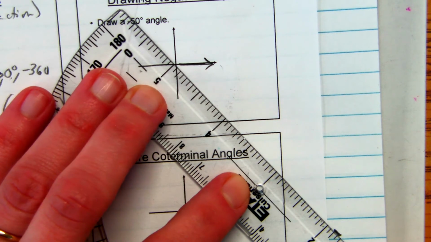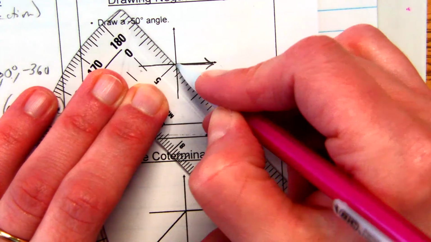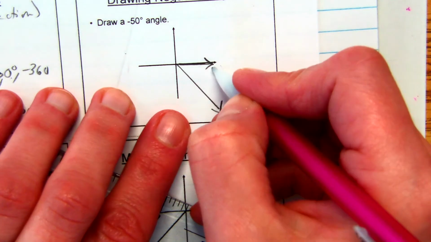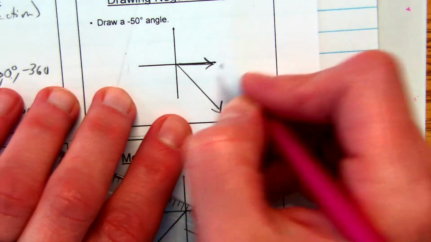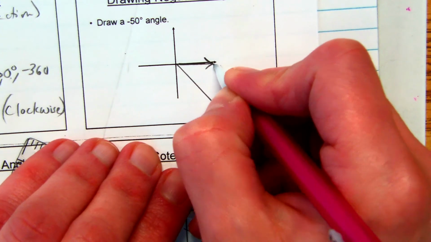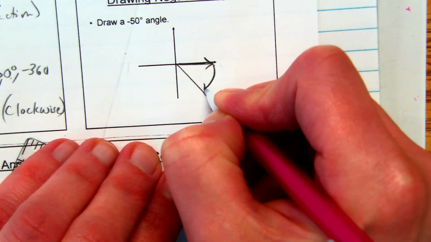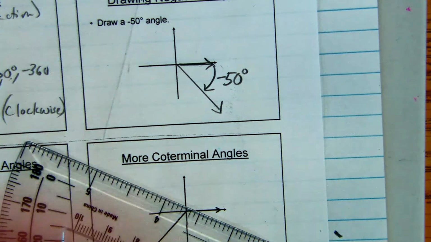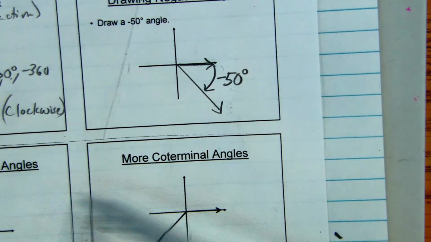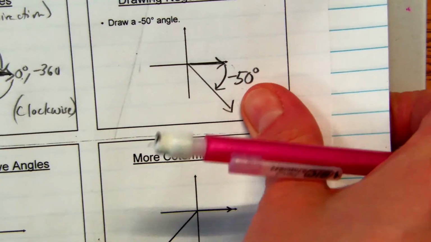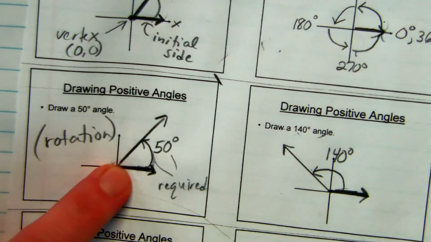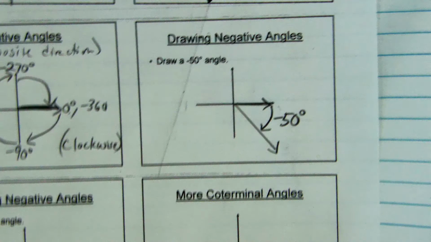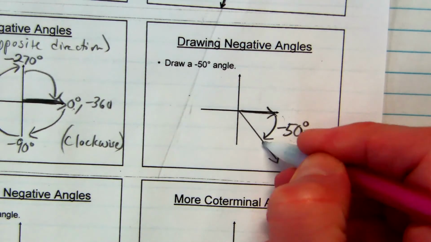I don't think of it as top and bottom because sometimes they do change from company to company, but I just try to make sure that if it's 50, it's an acute angle. And then we label it, we're going from 0 to here, it's negative 50 degrees. So it's just going the other direction. If we go back and look at what we had before, this was positive 50 degrees going this way. Negative 50 degrees goes that way.